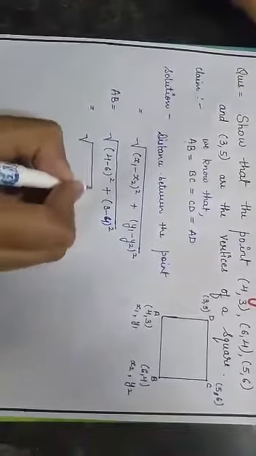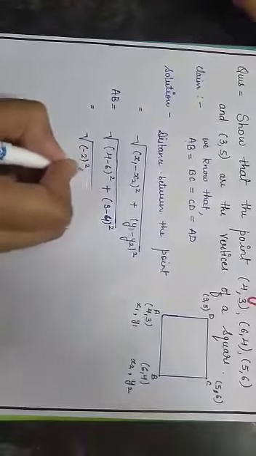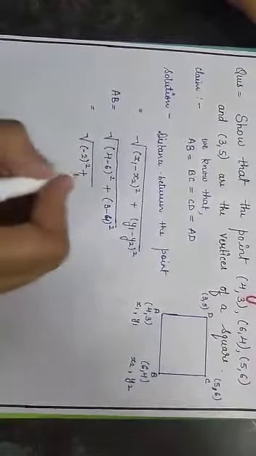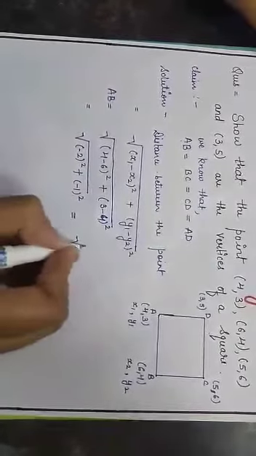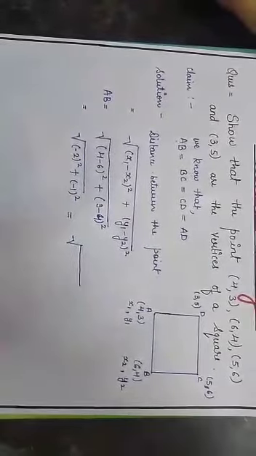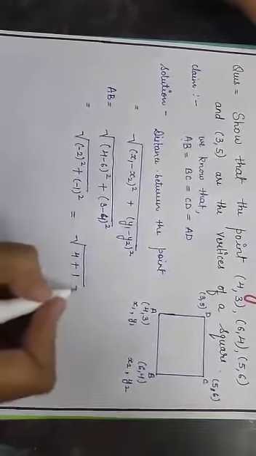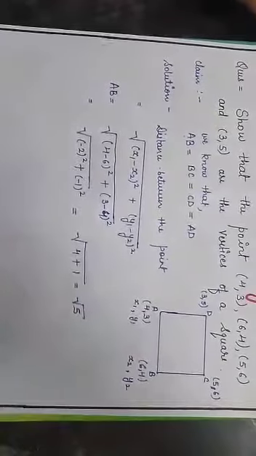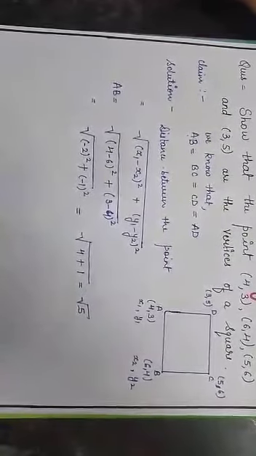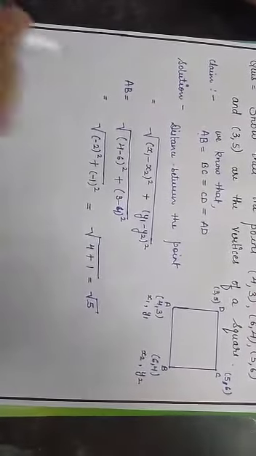Then 4 minus 6 is minus 2 whole square plus 3 minus 4 is minus 1 whole square. Minus 2 square is 4 plus minus 1 square is 1. This is root 5. So the length of AB is root 5. Similarly, we have to calculate the other lengths.